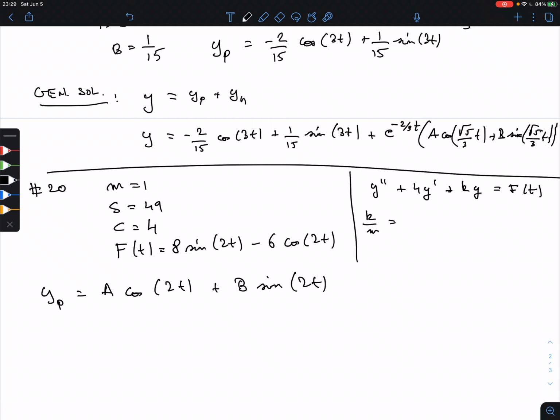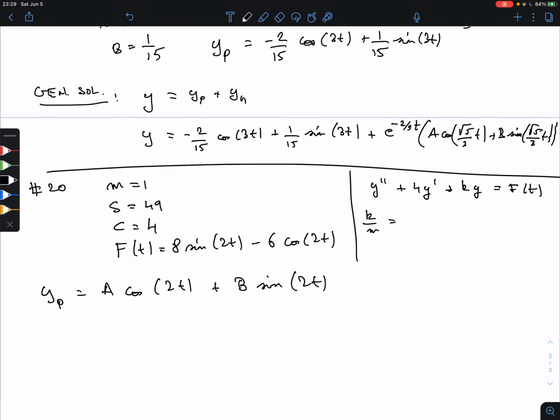That's our general equation, but we don't know what k is. So k over m is g over the stretch. We know that g is 980 because we have to do it in centimeters, and the stretch is 49.